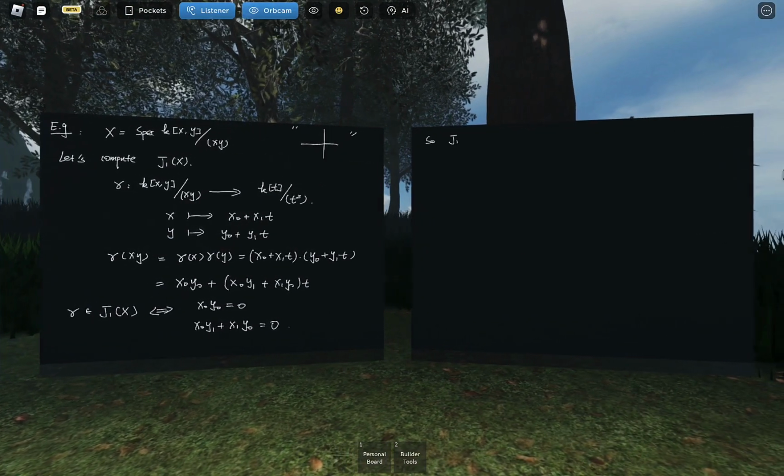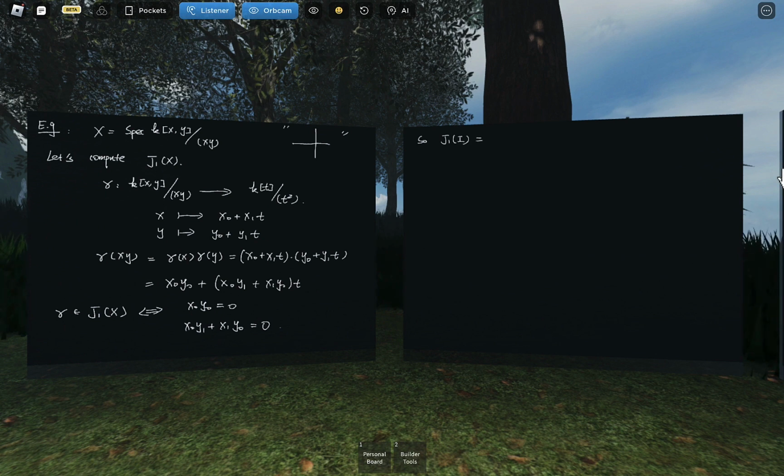So the ideal is given by this, and this is the ideal in a polynomial ring in 4 variables. Yeah, and we notice that even though I is a monomial ideal, this J_1 I is no longer a monomial ideal.